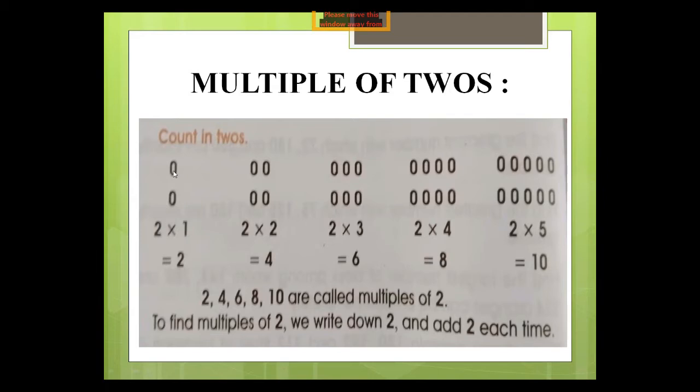Okay, students. In this example, we only have 2 rows. See, 2 rows. So we write 2 into how many columns? 1, 2, 3 columns. In each row we have 3 elements.